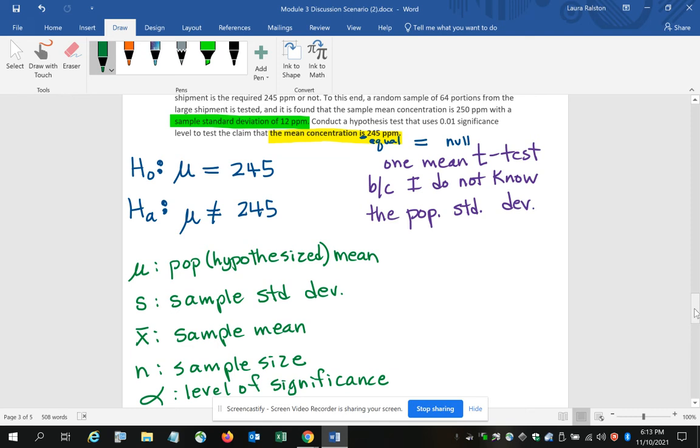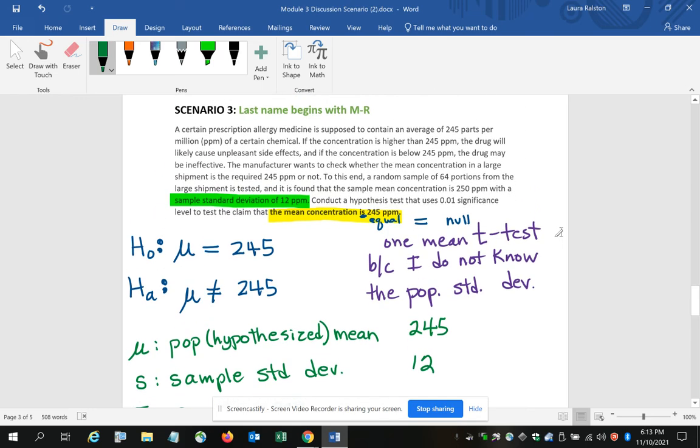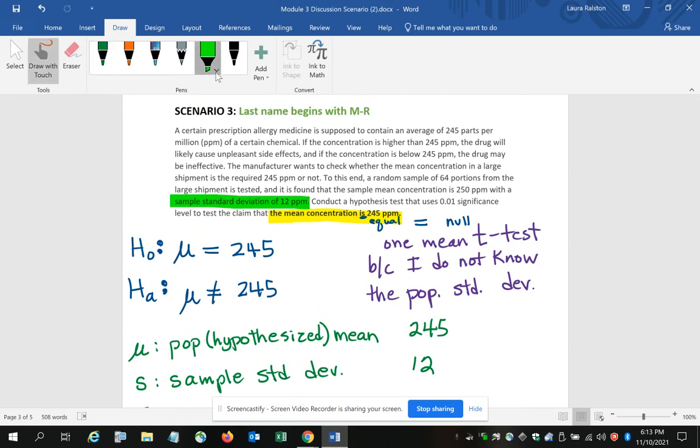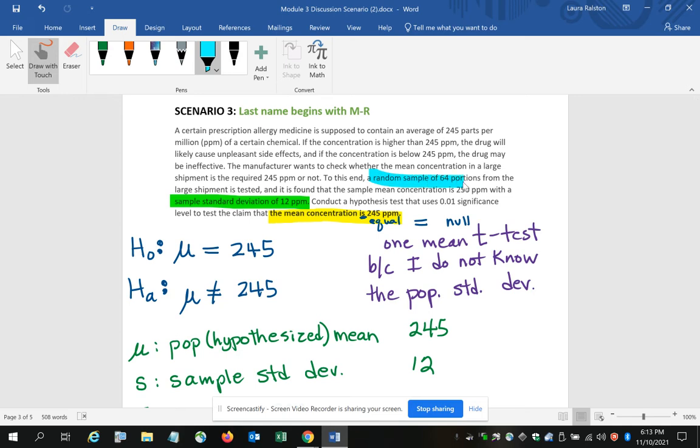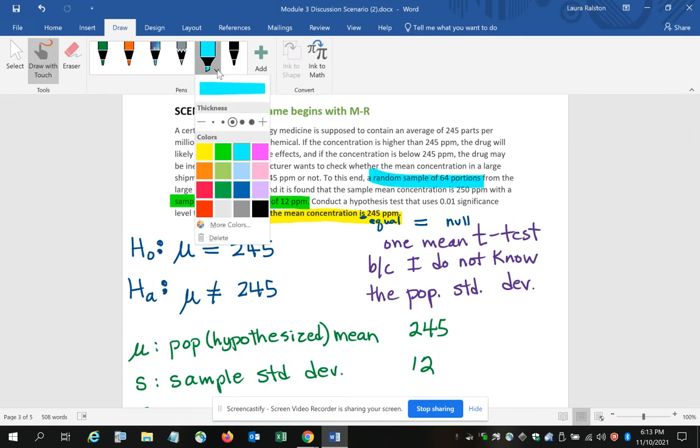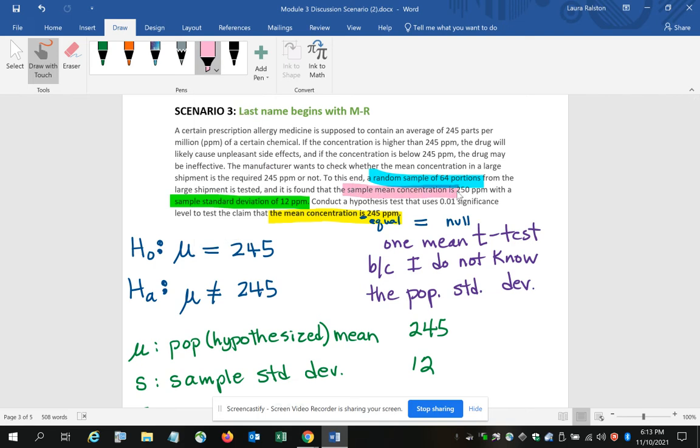So my hypothesized mean from the hypothesis is 245. I highlighted the sample standard deviation in green a minute ago. It's 12. If I go back up and I read through my paragraph again or scan it, it says a random sample of 64 portions yielded a sample mean concentration of 250 parts per million.